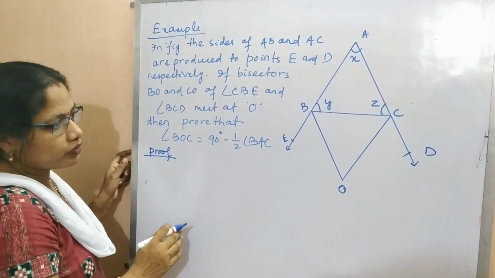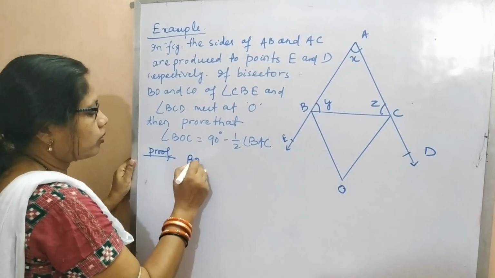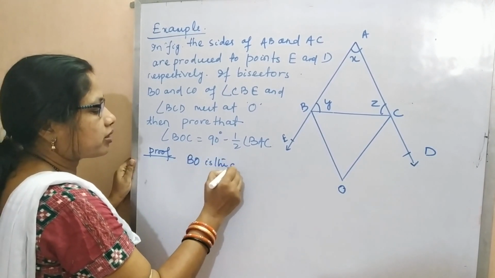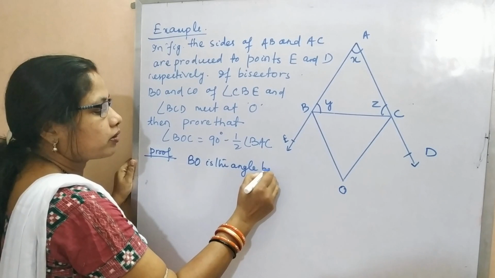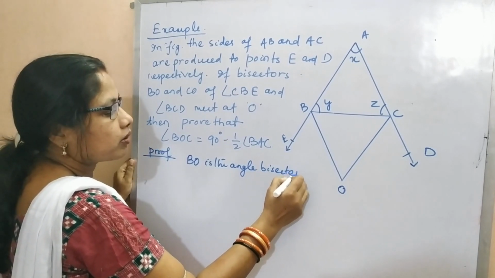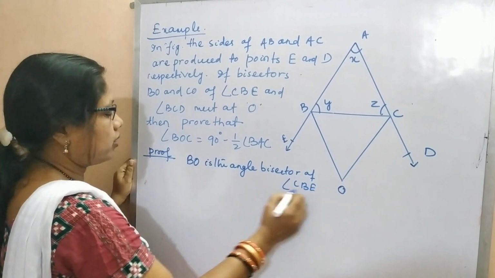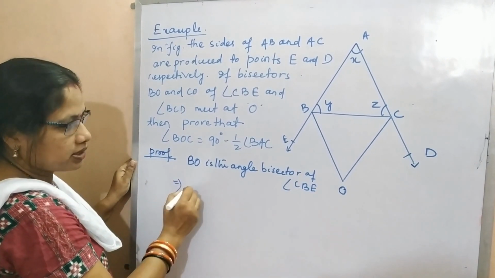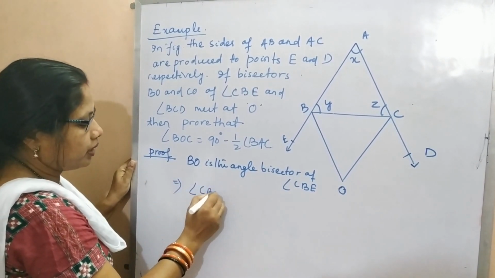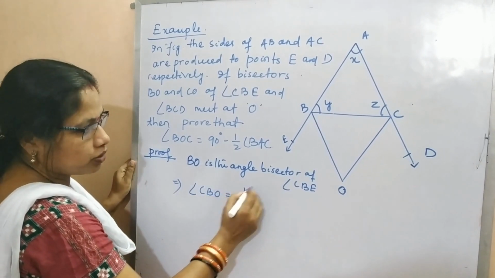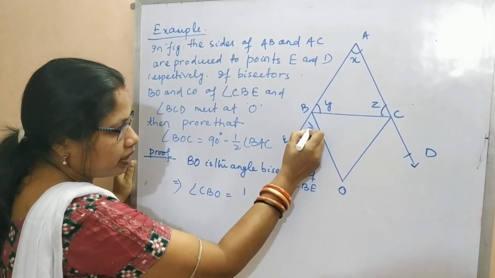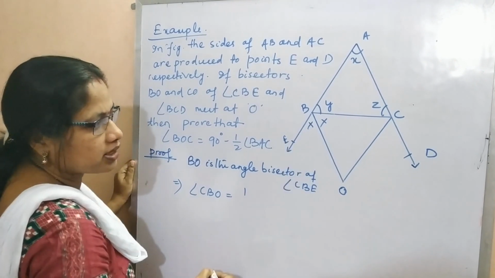Then prove. So BO is the angle bisector of angle CBE. So this implies angle CBO is equal to angle OBE. This is the angle bisector, thus these two angles are equal.